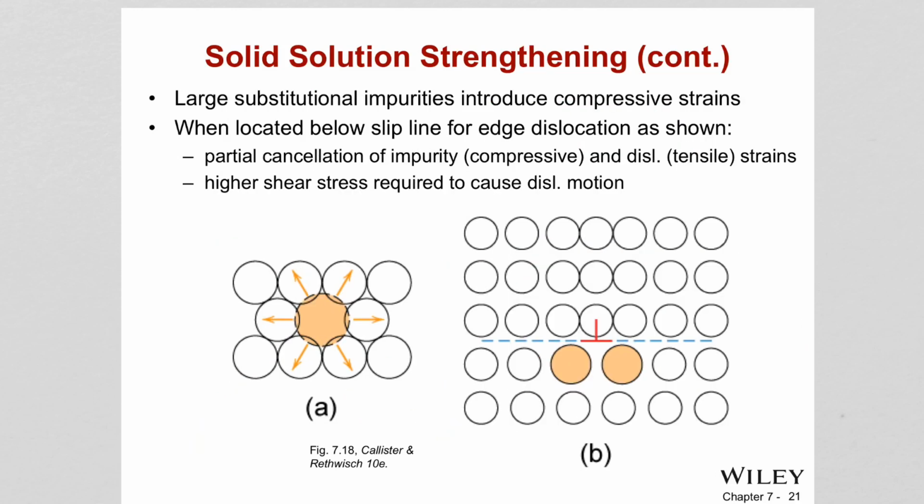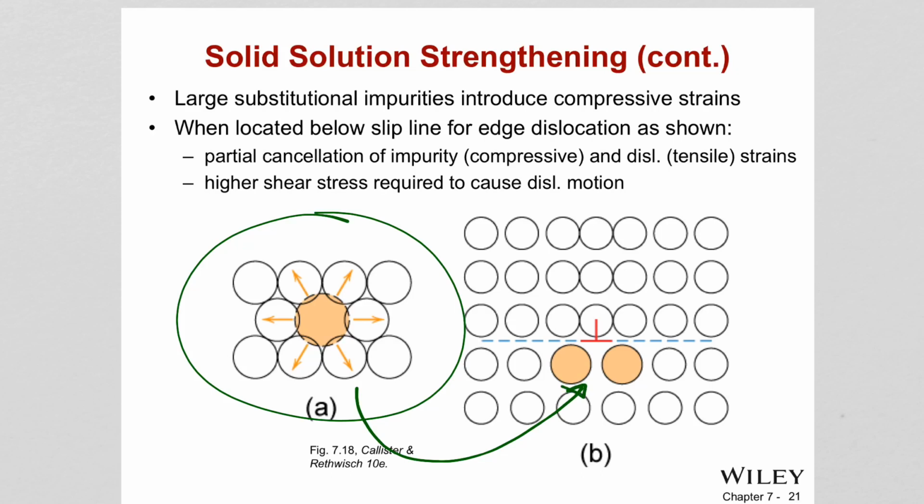What if it's large impurities, right? The large ones will introduce compressive strains in the neighboring atoms. Similar to the previous case, this compression will be neutralized, cancelled with the tension that is under the slip plane.